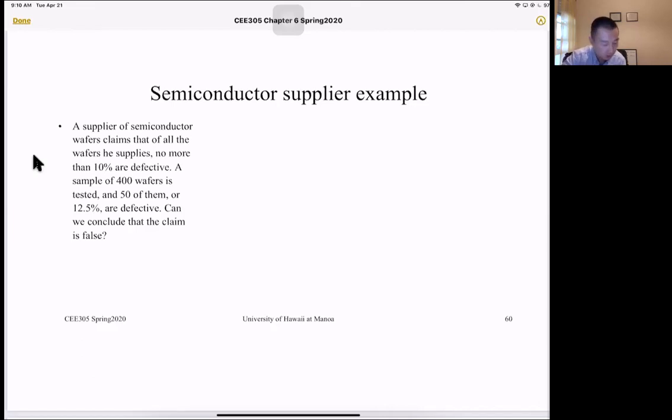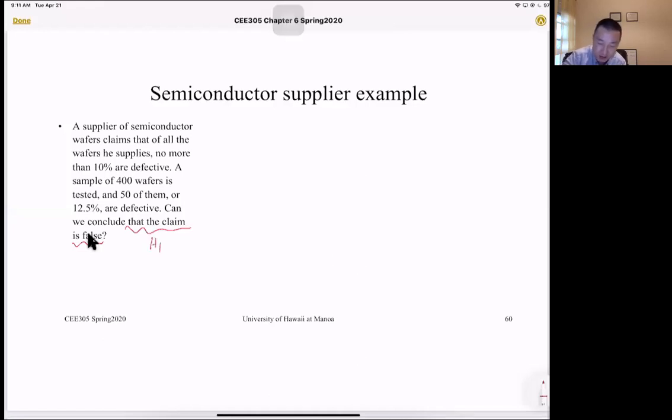Remember, whatever the question is asking should be H1. The question is asking, can we conclude that the claim is false? And this should be H1. So what is the claim?